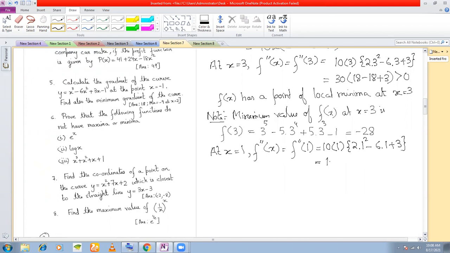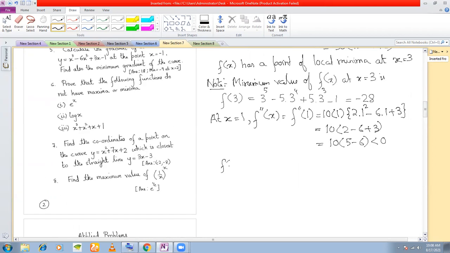So you get here 10 into 2 minus 6 plus 3, which is equal to 10 times 5 minus 6, which is less than 0. Therefore, f(x) has a point of local maxima at x is equal to 1.